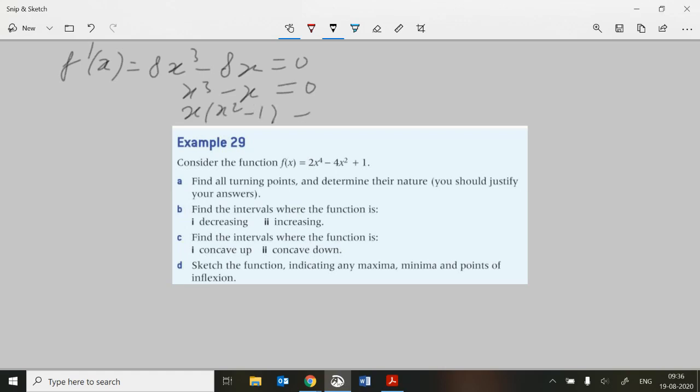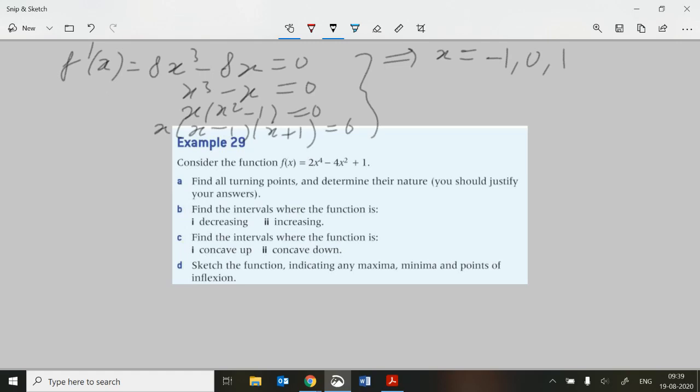We've seen this one before. And then we've got x and x minus 1 and x plus 1 is equal to 0. And that's obviously implying that we're getting x is equal to plus or minus 1, which is what we're getting from these two brackets, and a 0 from this one as well. So we can say that x is equal to minus 1, 0, and 1.